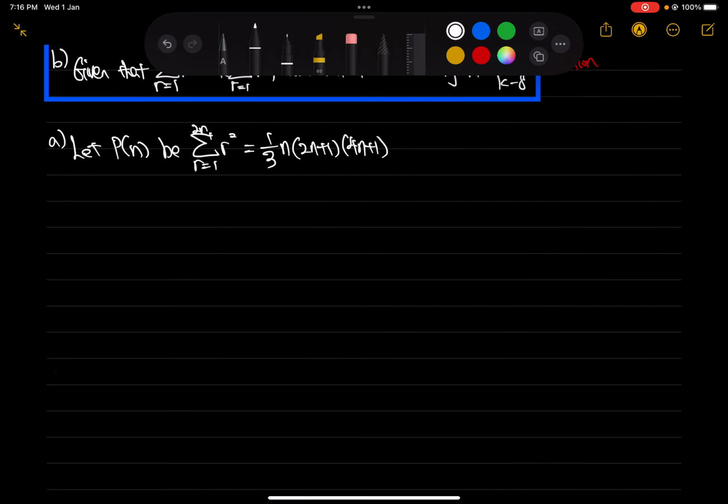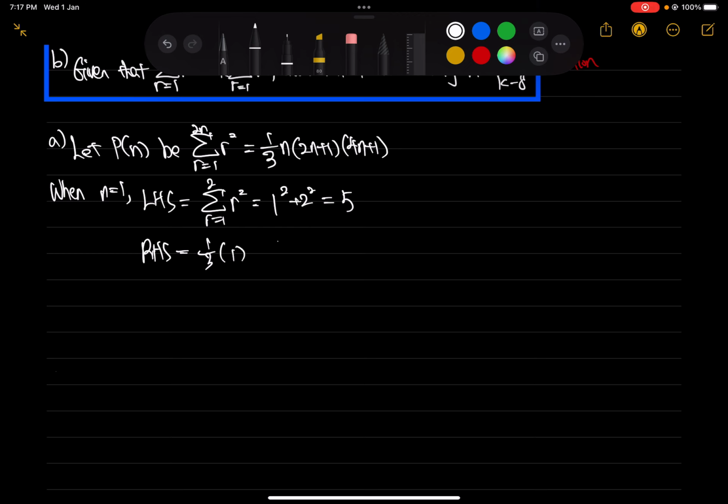So let's say when n equals 1, left hand side is the sum from r equals 1 to 2 of r squared, which is 1 squared plus 2 squared, which is 5. RHS is 1 over 3 times 1, times 2 times 1 plus 1, times 4 times 1 plus 1, which is just 5, because that's 3 and that cancels out. This implies P1 holds.